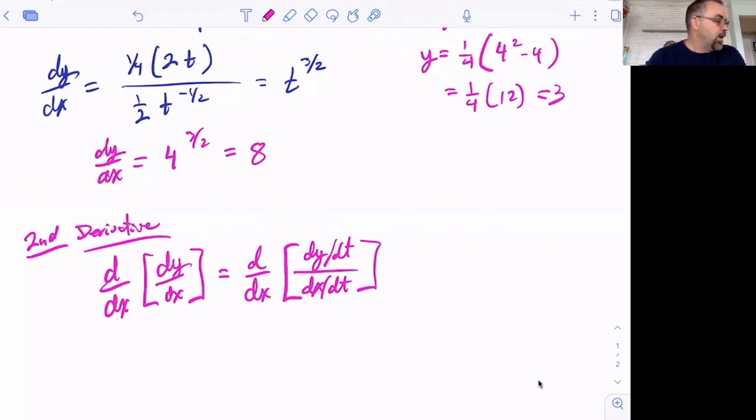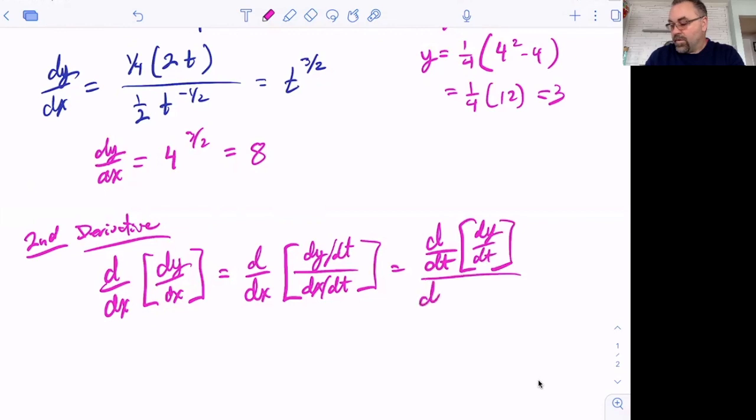And you can see what happens there. We're going to get the derivative of dy dt over the derivative of x dt for our second derivative equation, right?